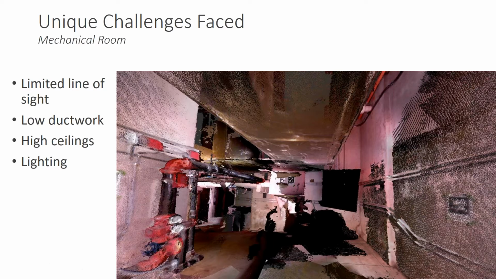So we literally had to get on our knees to scan some of the space. It was also about 12 to 18 inches from the wall, which gave a tight, narrow corridor, if you will, to see above any of the piping that was up there. With 20-foot high ceilings, it was very dark. So we also had to bring our own light kit to be able to get adequate lighting for the scanner to see.